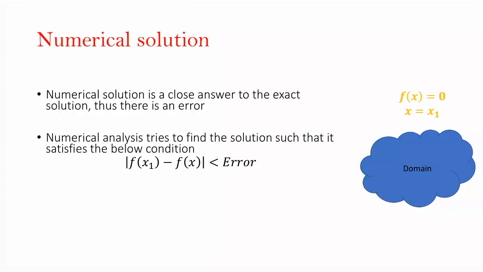When we want to do the numerical analysis and find the solution, we need to make sure that this condition is satisfied. So when we want to design something or solve an equation, we need to know what maximum error we are allowed to have here. In the mathematical way, f(x1) minus f(x) should be less than the maximum error that could be in our problem.